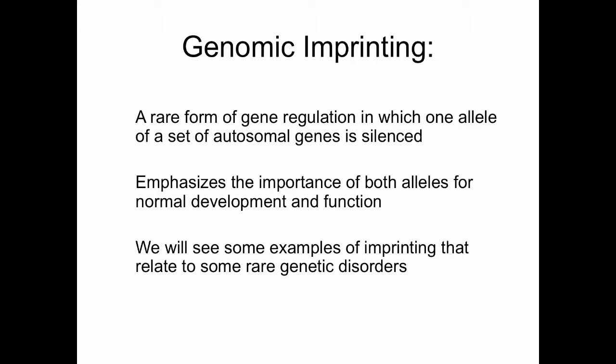We'll talk about genomic imprinting. This is a rare form of gene regulation in which one allele of a set of autosomal genes is silenced. And this emphasizes the importance of both alleles for normal development and function. We'll see some examples of imprinting that relate to some rare genetic disorders as our course progresses.